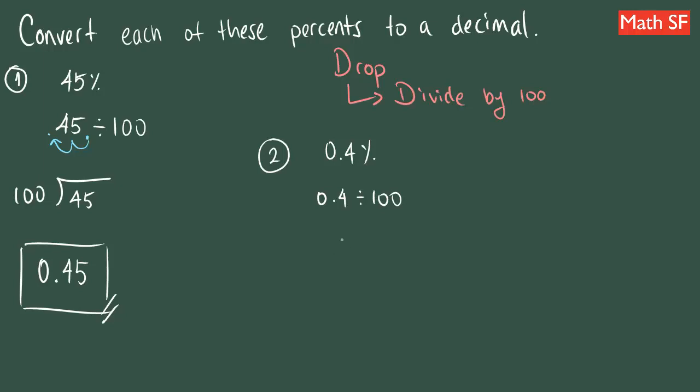You can use long division here if you wish, but I'm just going to apply the shortcut because it's much faster. Move 2 spaces, 1, 2, and your decimal point should be there. What do we do with the space that's left? You fill it with zeros. Therefore, your answer should be 0.004.